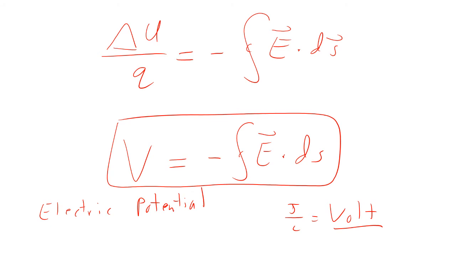A volt is a joule per coulomb. Okay. So a joule is a kilogram meter squared per second squared, divided by coulomb. So this is going to be a kilogram meter squared per coulomb second squared. And again, as a student, I found this just really annoying, because it's very awkward.